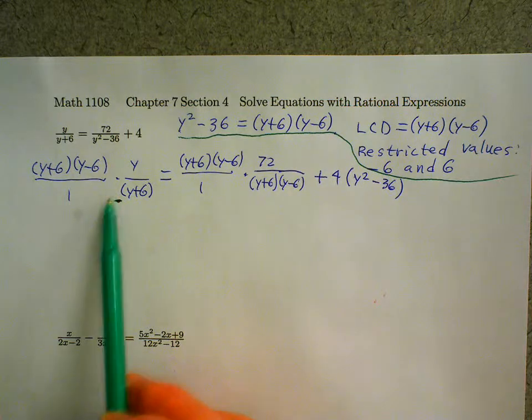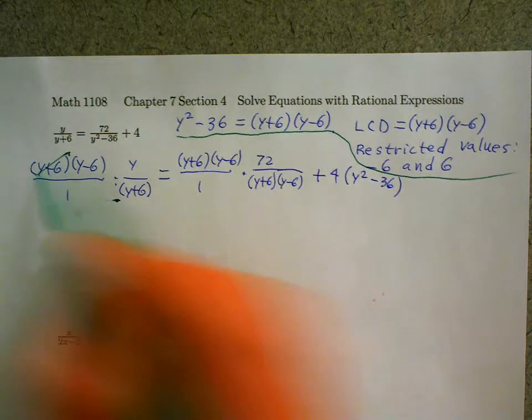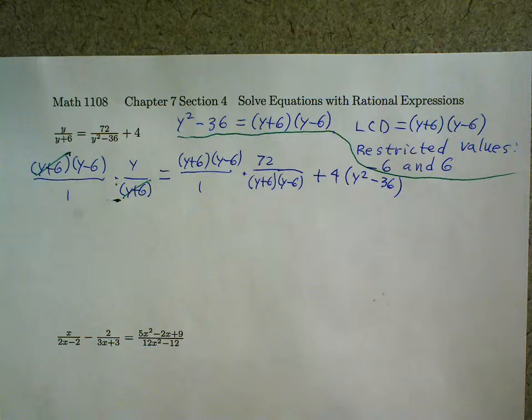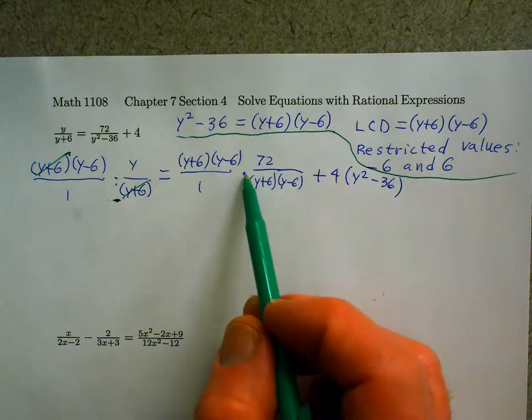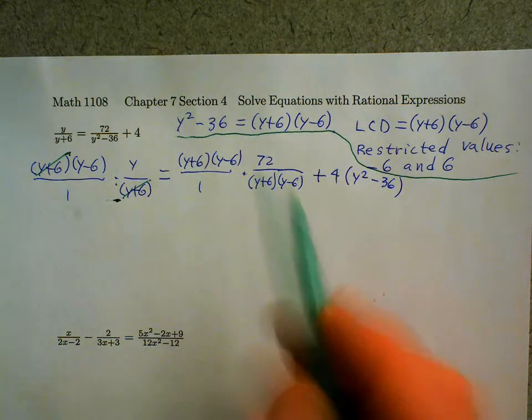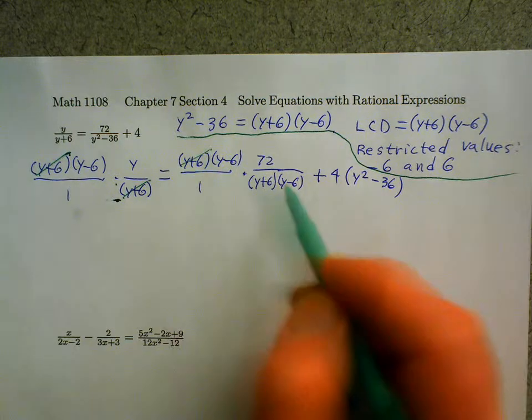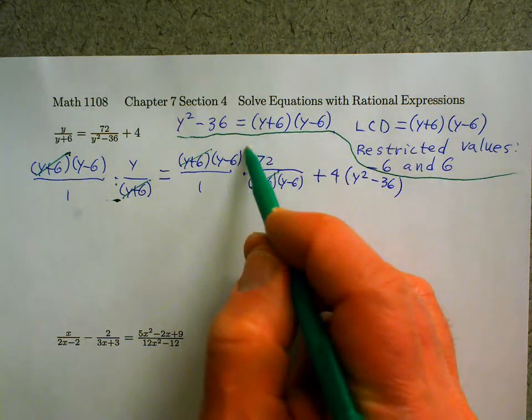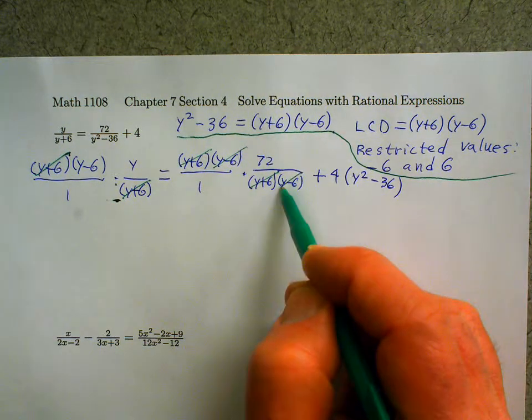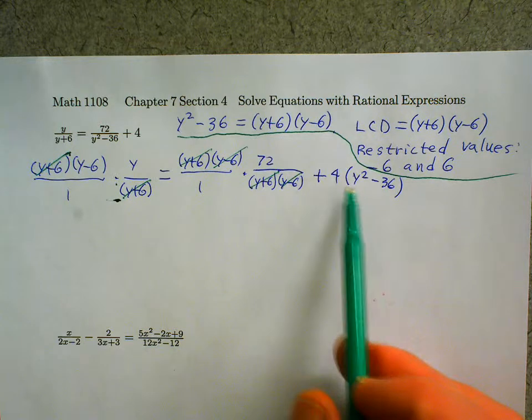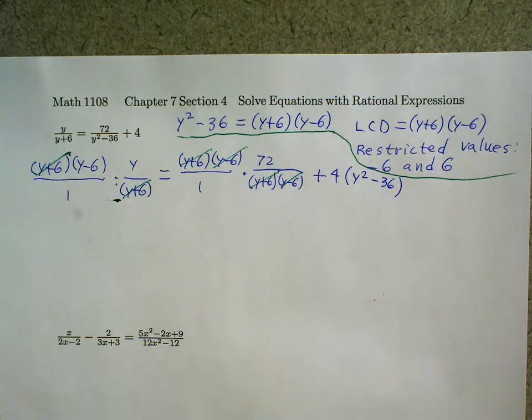So the product on the left, the y plus 6 divided by y plus 6 cancel. And in the first product on the right-hand side, we get y plus 6 divided by y plus 6 and y minus 6 divided by y minus 6. The other product, we don't get any cancellations.